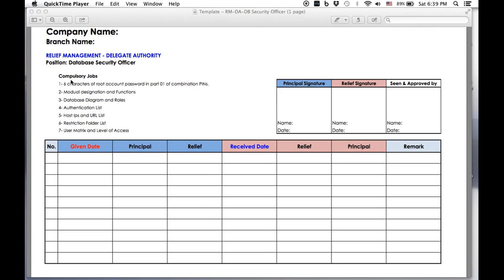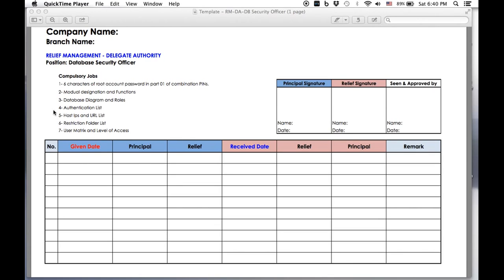The compulsory job means the critical functions that the principal custodian needs to handle. Number one is to check the character of a root account password in part one of the combination pin, and the second is module designation and function, and third is a database diagram and rule, and number four is authentication list, and number five is a host IP and URL list, and number six is a restriction folder list, and number seven is user matrix and level of access.